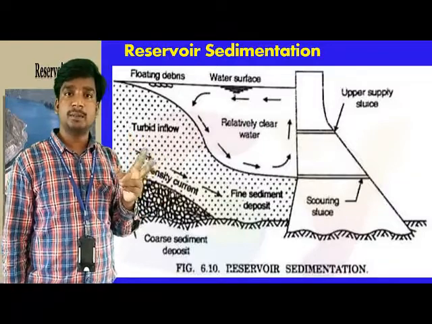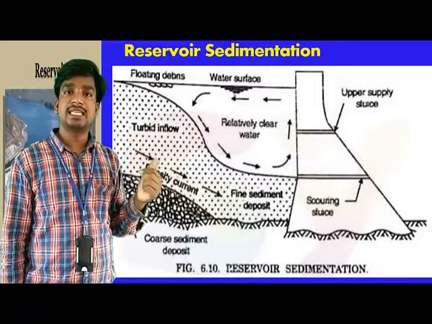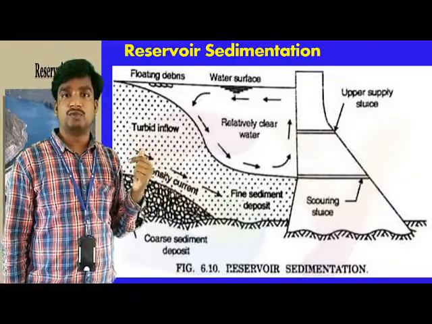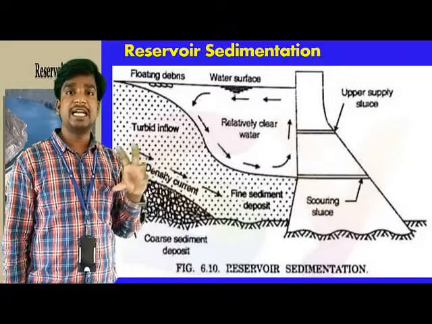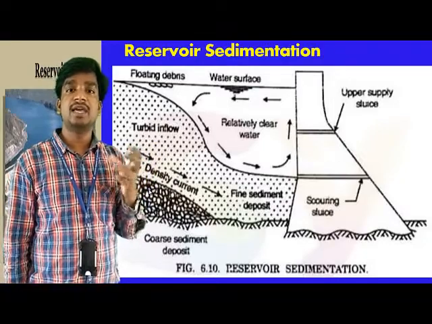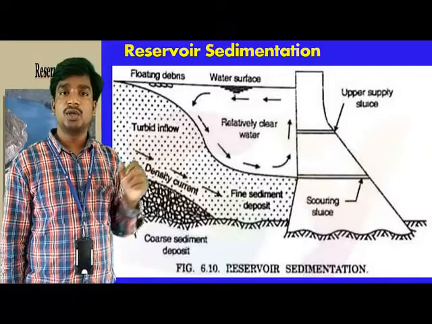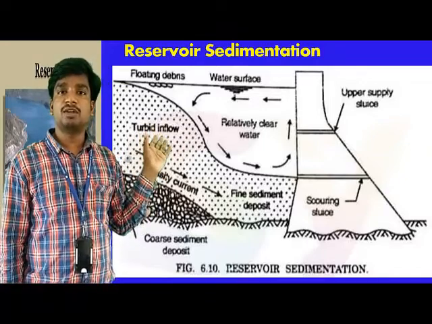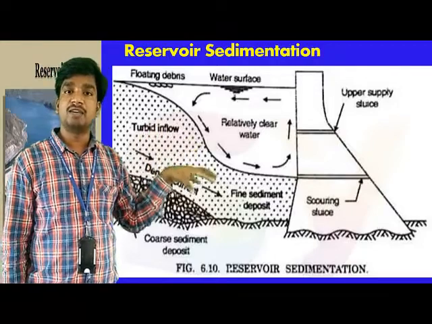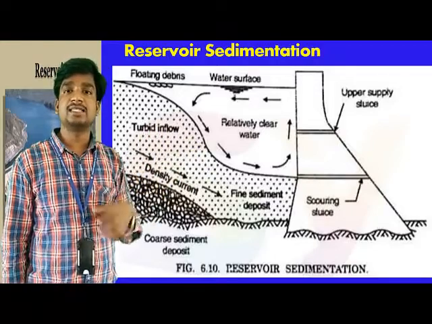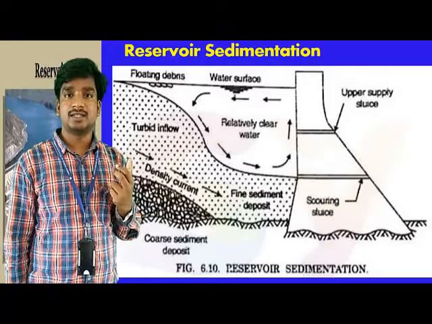Both are fluids, but one is a turbid fluid, the second one is a clear fluid. But comparatively, they are having nearly equal densities. So this gravity flow of one fluid in another fluid is considered as density current.